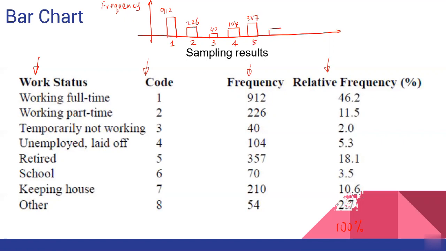Next we have 70, and then 210, and then 54. So this is called a bar chart, which illustrates the distribution of the frequency across all the work statuses.